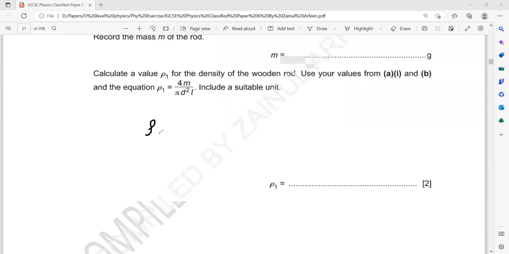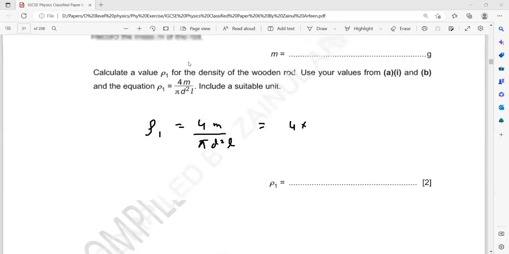The equation is density equals 4 times M divided by pi D squared L. For paper 6, you don't have to memorize any formula. You just have to use the values. So we have 4. What about the mass? We just use that value, which was 7.8.